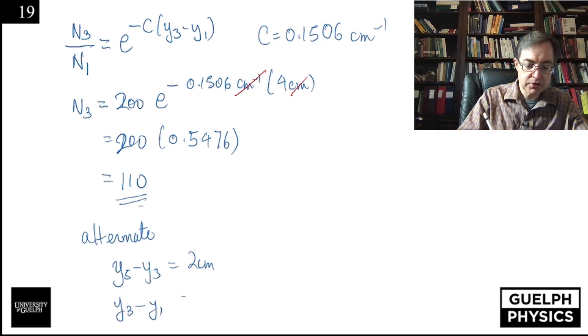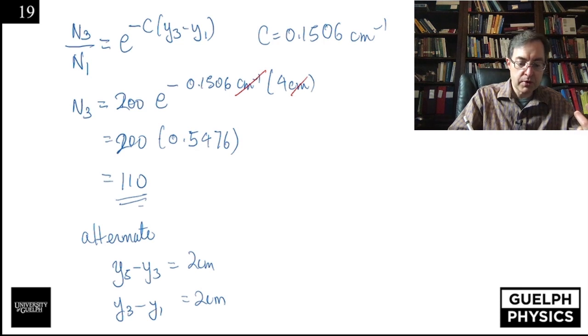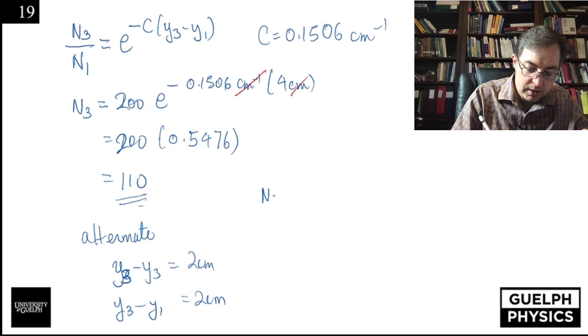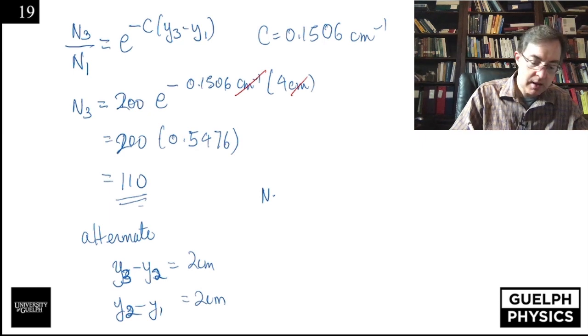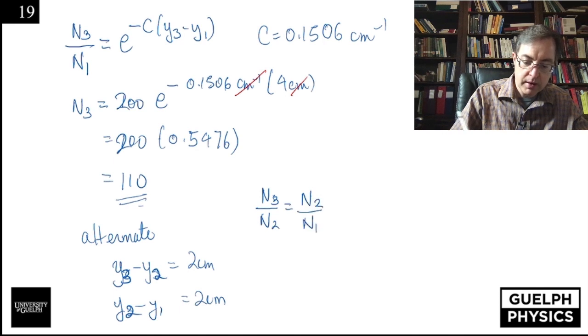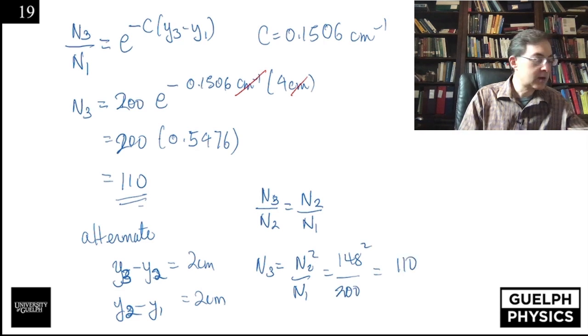An alternate way of figuring this out is to realize that y3 minus y2 is 2 centimeters, and y2 minus y1 is also 2 centimeters. So N3 divided by N2 satisfies the same formula as N2 divided by N1, and so N3 is equal to N2 squared over N1, which is 148 squared over 200, and again that works out to about 110.